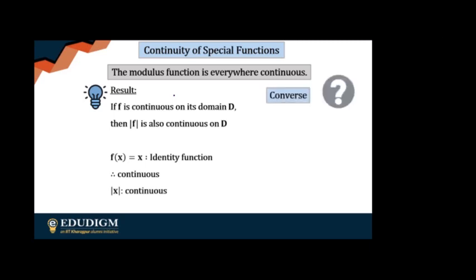But there's a question that arises whenever you see a result: is the converse of this result true? What we stated was, if f is continuous on its domain D, then mod f is also continuous. I want you to tell me whether you think the converse of the result is true or not.